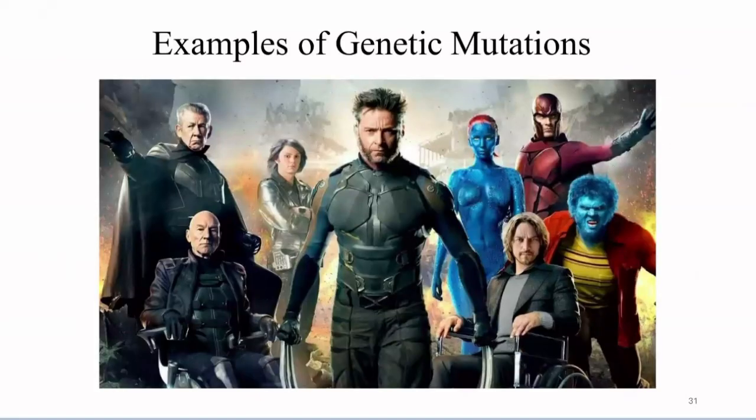Genetic mutations have been popularized in movies. X-Men is a franchise in which the characters in this movie are mutants, and their genetic mutations actually give them superpowers. Many genetic mutations lead to disease. Instead of showing you the diseases that could be created by genetic mutations, I want to give you just some interesting genetic mutations that have been observed in humans and animals.